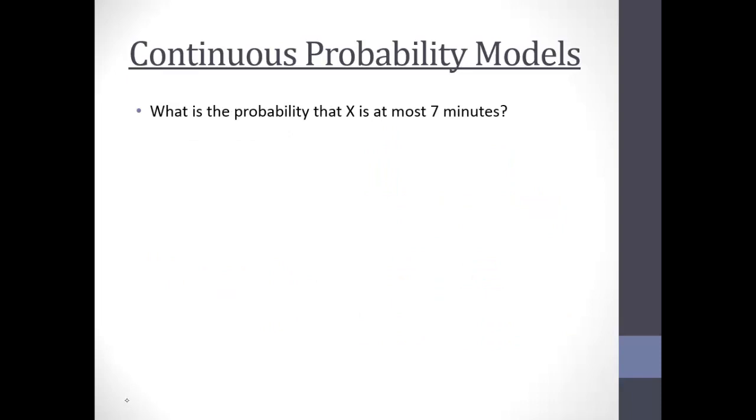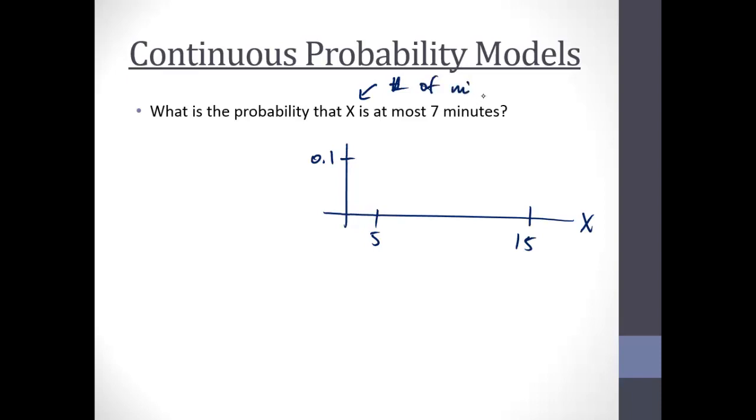Another question: what is the probability that x is at most 7 minutes? Let me again draw my picture here. It goes from 5 to 10, 15. There's x. Remember, x is the number of minutes. Drawing my curve here, here is 7 minutes.